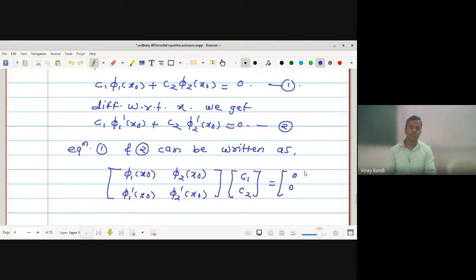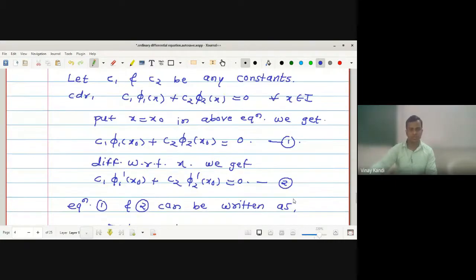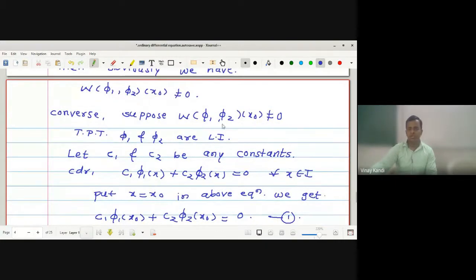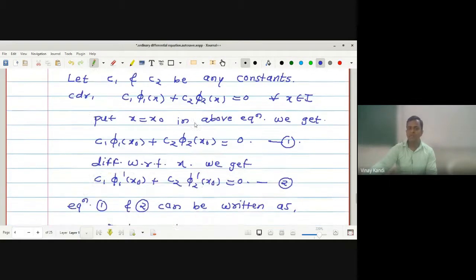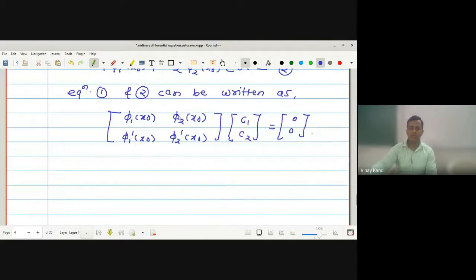Now we assume that the Wronskian of phi1 and phi2 at x naught is not equal to 0. It means that the determinant of this coefficient matrix is nothing but the Wronskian, right?